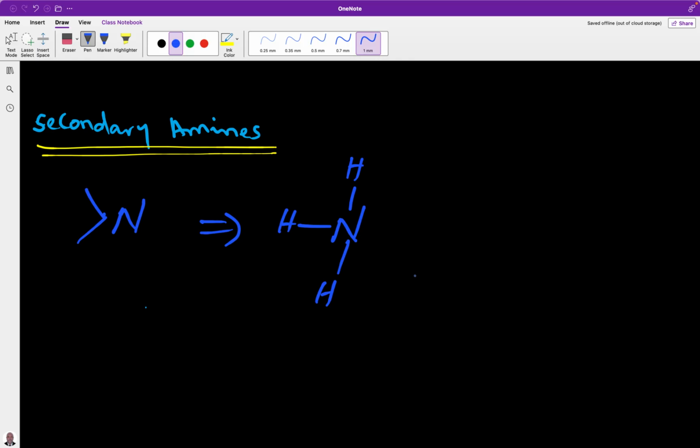Take for instance, we have two methyl groups substituting the hydrogen. Two alkyl groups substitute the hydrogen. We have this as a methyl group, and we also have this as a methyl group, and we have our hydrogen here.